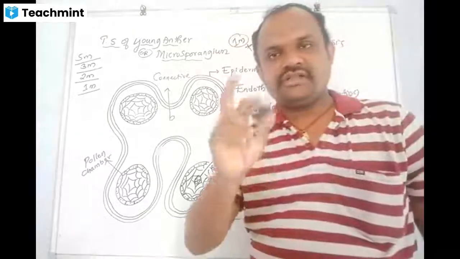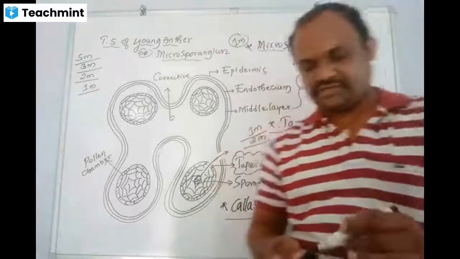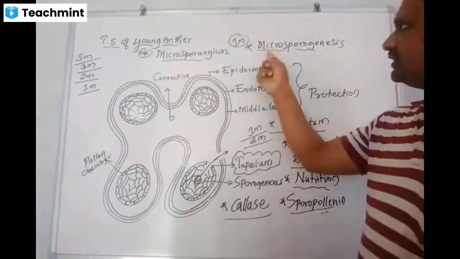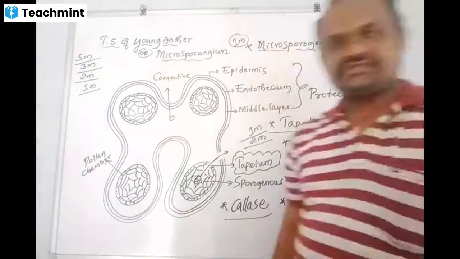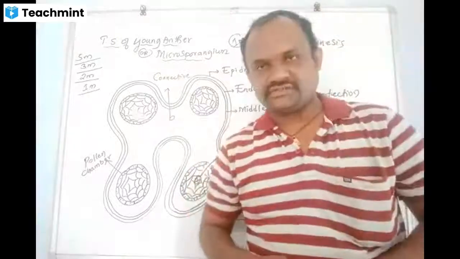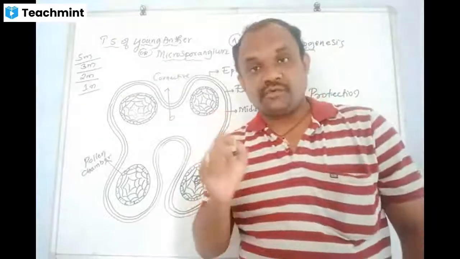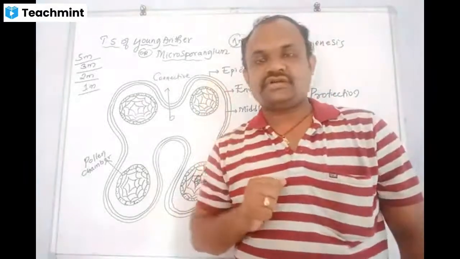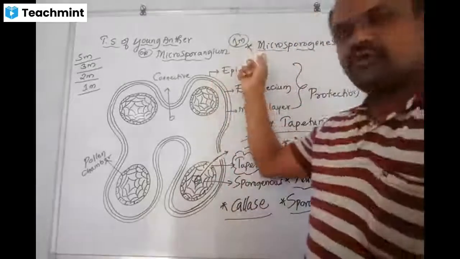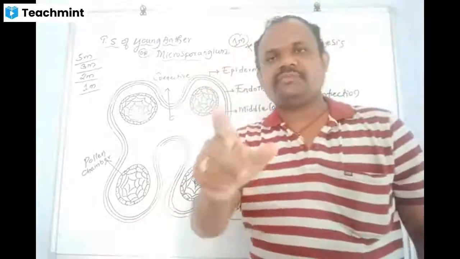What is microsporogenesis? What is the definition? Genesis means synthesis or formation, so it is the process of formation of the microspores. The microspores are nothing but the pollen grains.